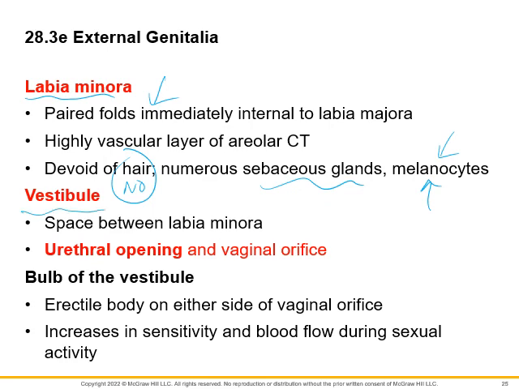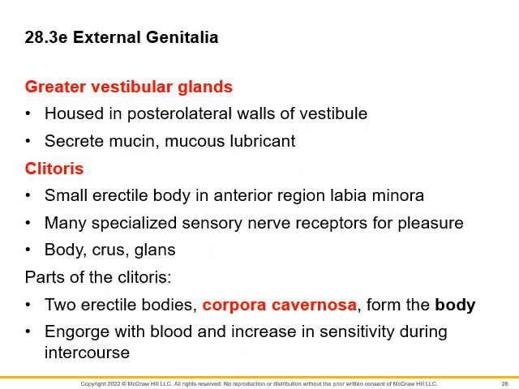The vestibule is the space between the labia minora. It's where you're going to see the opening of the urethra and the opening of the vagina. Then we have some erectile tissue that we're going to see. This is going to fill with blood during sexual activity. So there's the bulb of the vestibule, and there's also the greater vestibular glands.